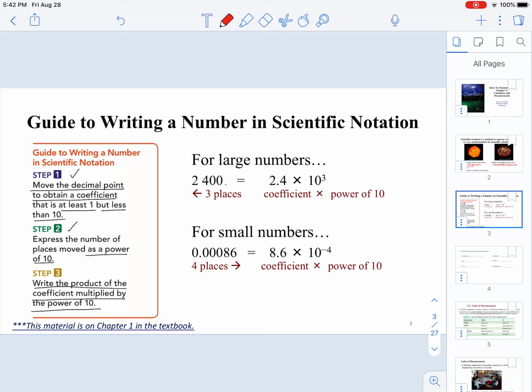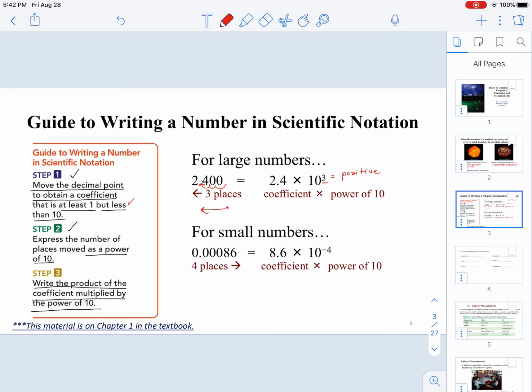We're going to move that decimal place 1, 2, 3 times because we need a coefficient that is at least 1 but less than 10. So when we move this decimal place from right to left, 3 places, that means that our exponent is going to be positive. Again, when we move that decimal place from right to left, our exponent is going to be positive.